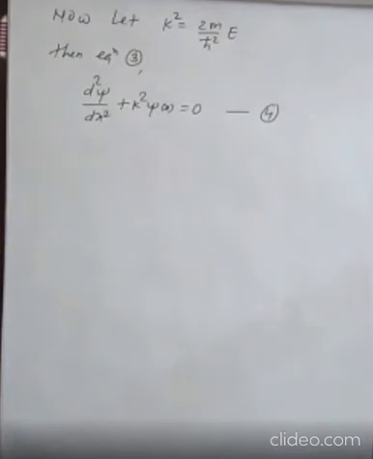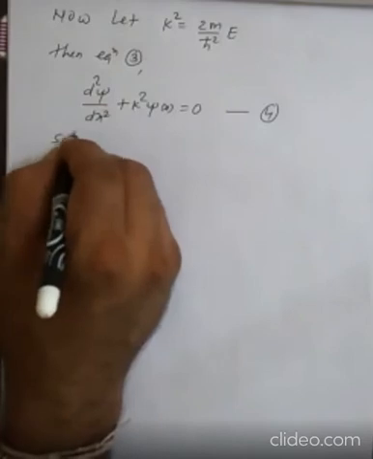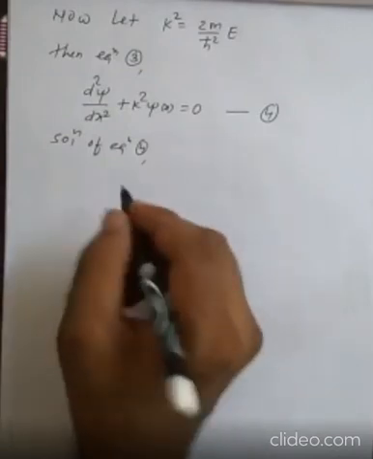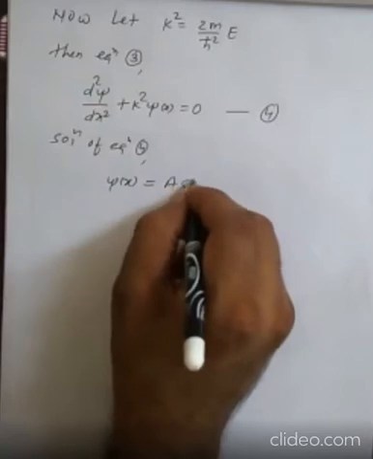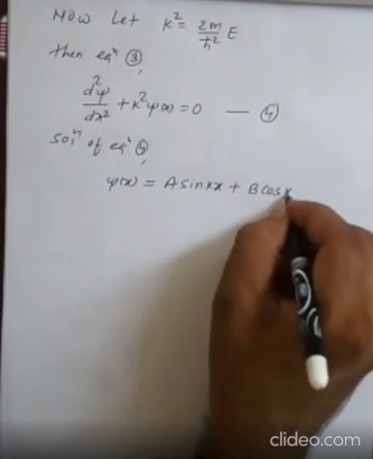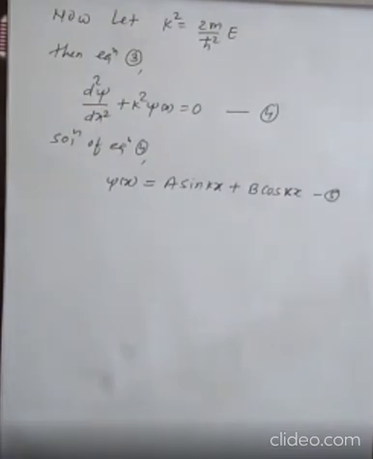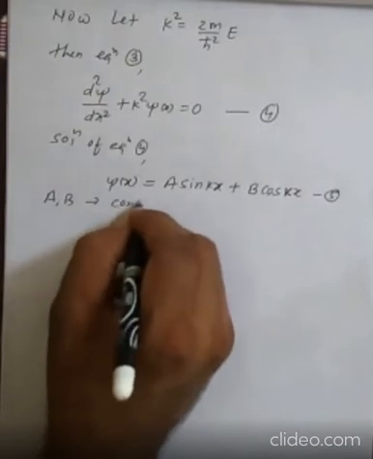So this is equation number 4 here, and the general solution of this equation 4 is psi(x) equals A sin kx plus B cos kx. This is the general solution of this equation, and here A and B are constants.